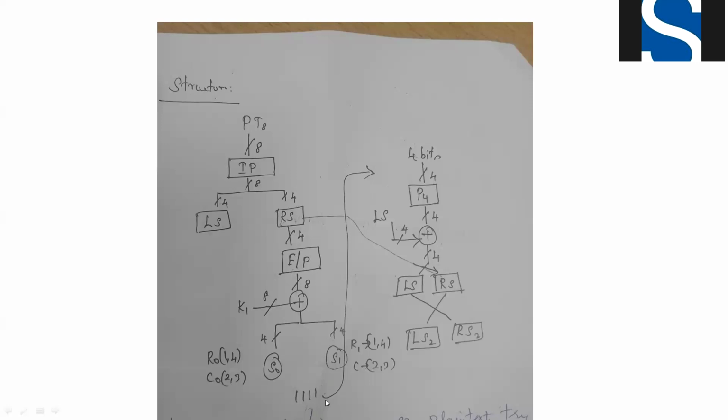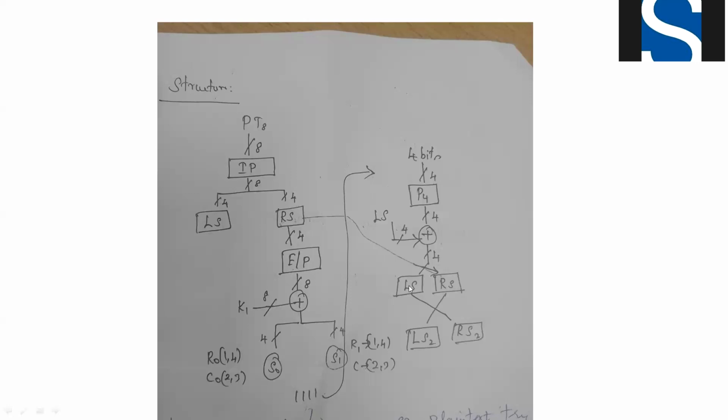So for the given question, let us say for example we are getting an output of 1111. Okay, so next this output will again be fed as the input to the P4 box. So there is a P4 table, and the output of the P4 also will be 4 bits. Now this output will be XORed with the LS. We have this LS 4 bits, right? So that LS 4 bits we will take an XOR, and we'll be getting an output of 4 bits.